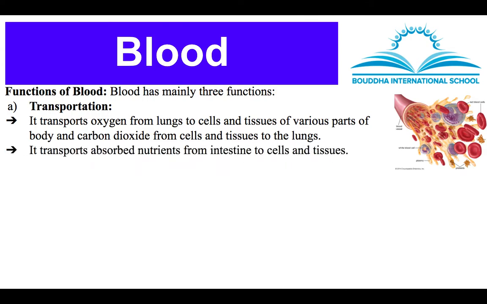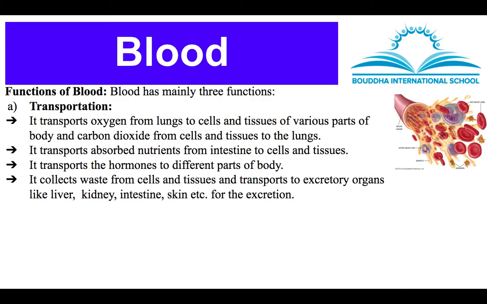Similarly, it will absorb nutrients from the intestine after digestion, and those absorbed nutrients have to be taken to different parts of the body, and that is done by the blood. The next transportation function is that it will transport hormones. If you remember, hormones are present in plasma, and those hormones are transferred to different parts of the body by the blood.